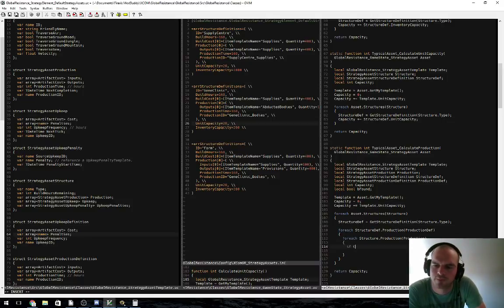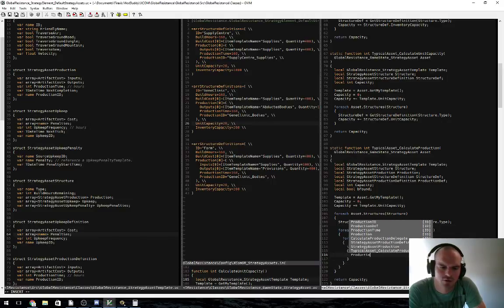So if production dot production ID equals production def dot production ID, then we will set production dot inputs to equal production def dot inputs.